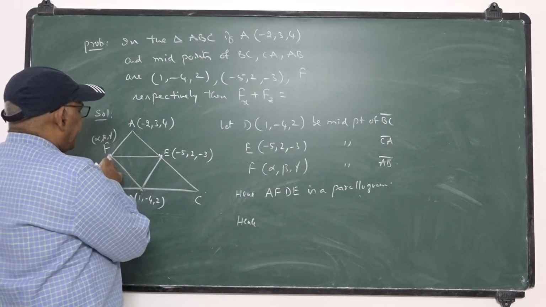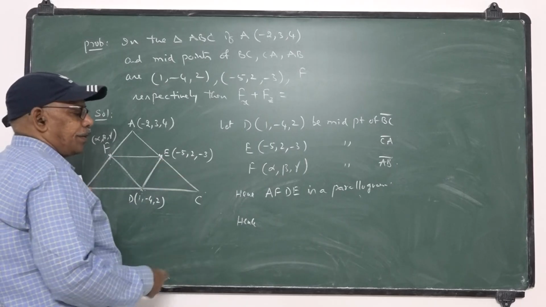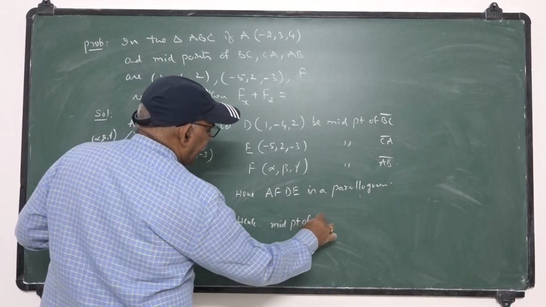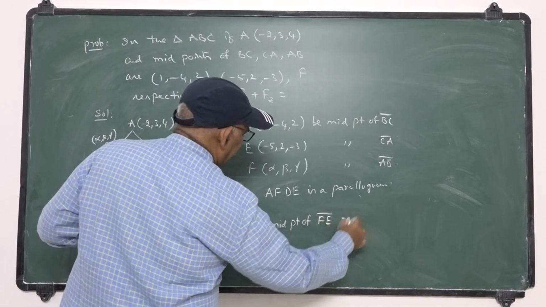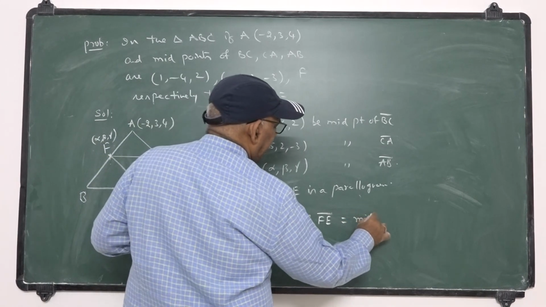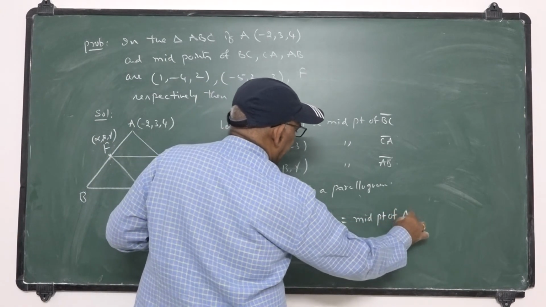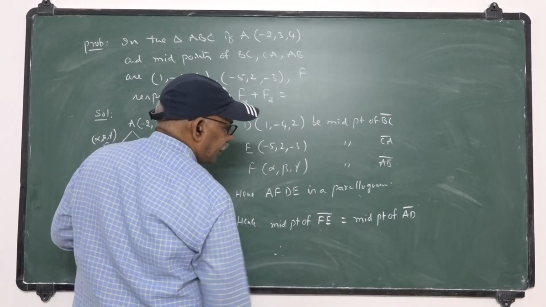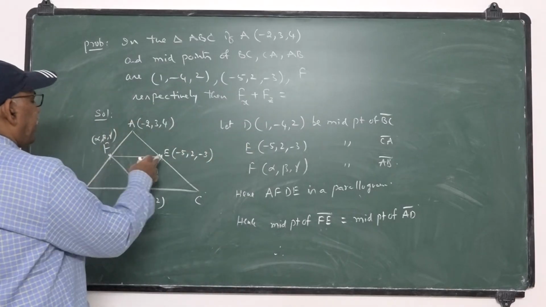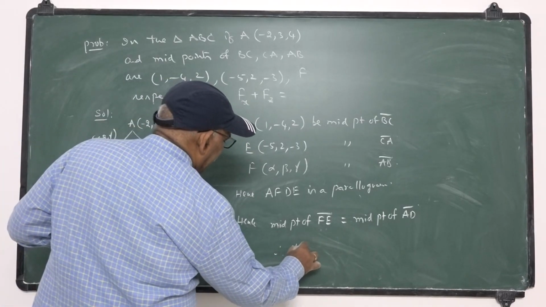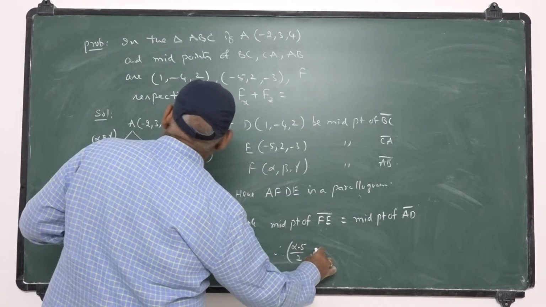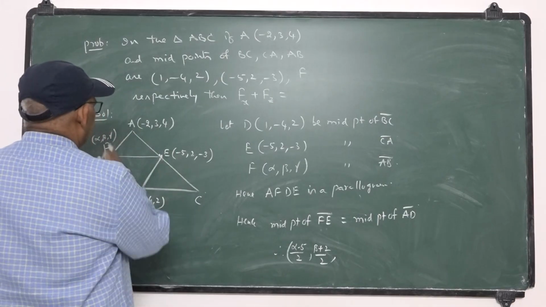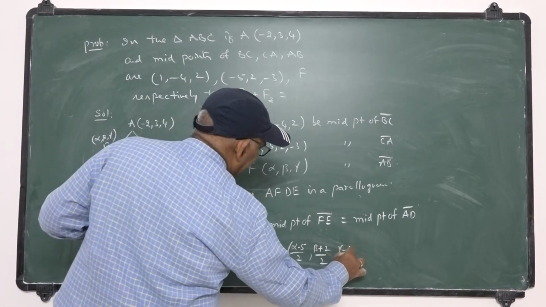Hence, the midpoint of AD is the same as the midpoint of FE. So, the midpoint of FE, the diagonal, is the same as the midpoint of AD itself. Therefore, the midpoint of FE is alpha minus 5 by 2, beta plus 2 by 2, and gamma minus 3 by 2.